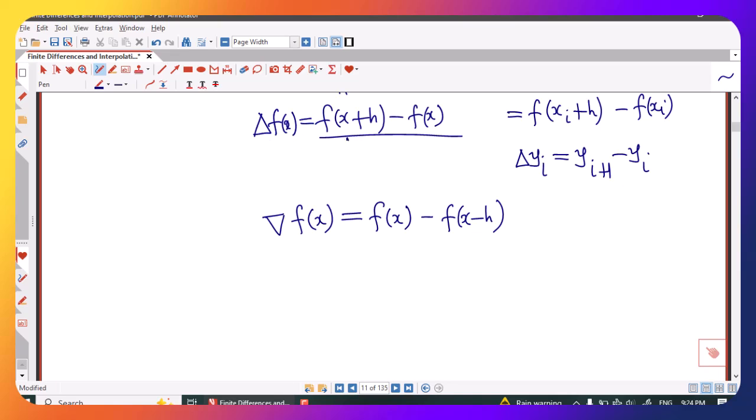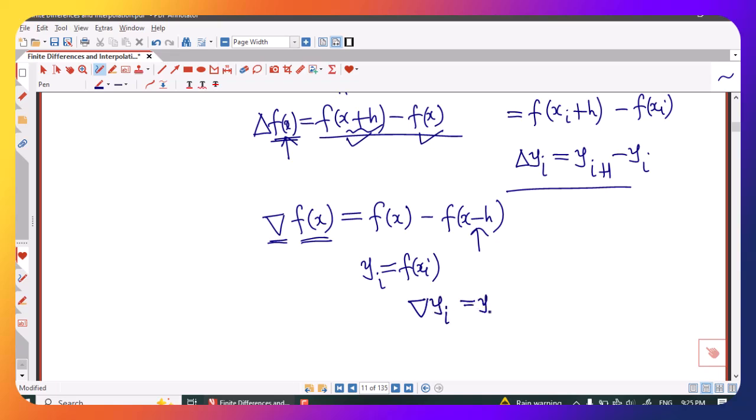Delta fx is f of x plus h minus fx. So if I am taking fx here, then here I am adding h to the value of x for forward difference, and for backward difference I am subtracting h from value of x if I am interested in the backward difference of function fx. And in these notations, if we consider yi equal to f of xi, then nabla yi is yi minus yi minus 1.